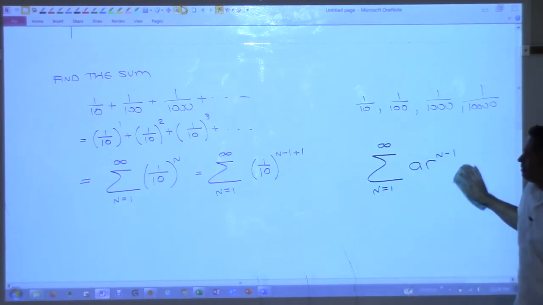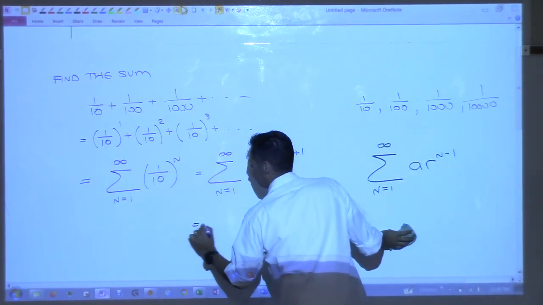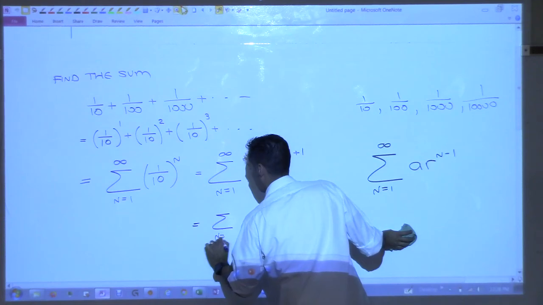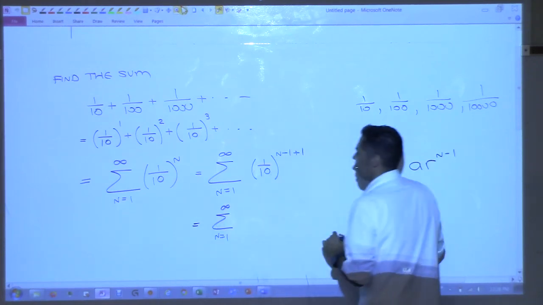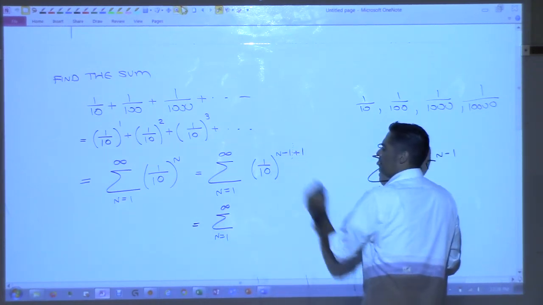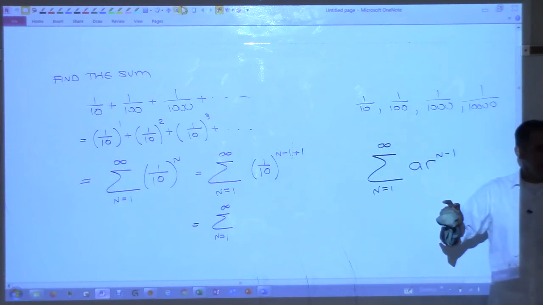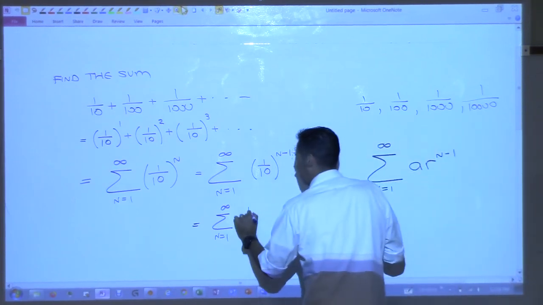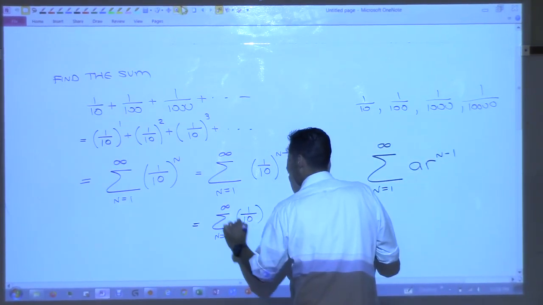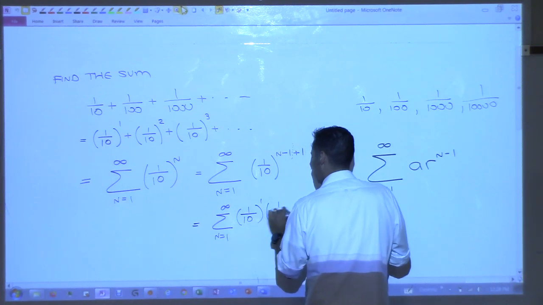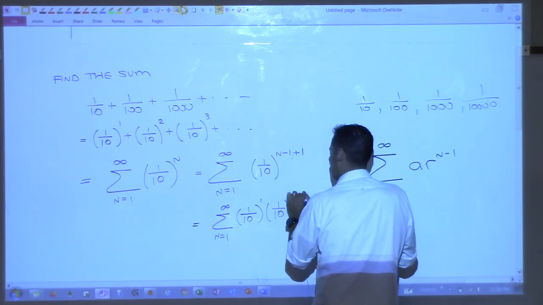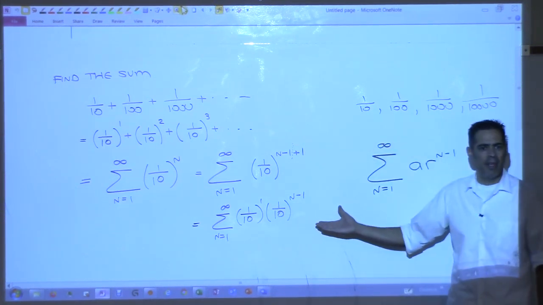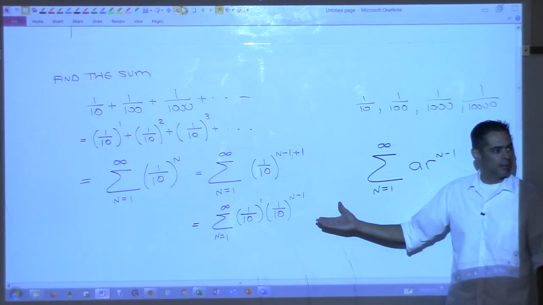Complete the squares. Now, sum n equals 1 to infinity, I'm going to break that into two different numbers. The first number is going to be 1/10 to the 1, and then the other one is going to be 1/10 to the n minus 1. Do y'all agree that this is the same thing?